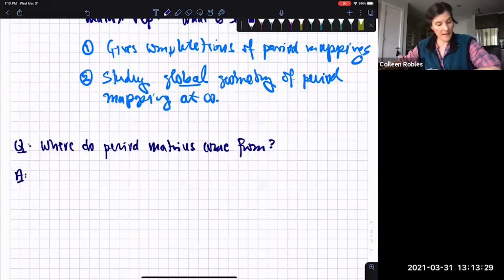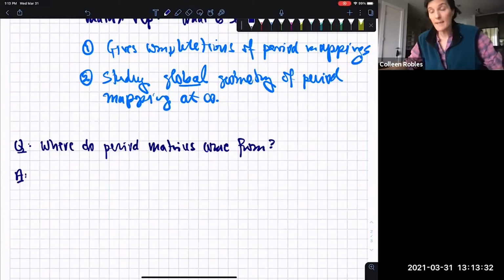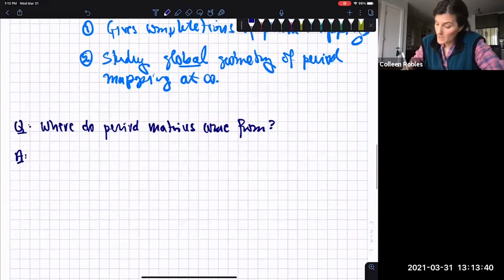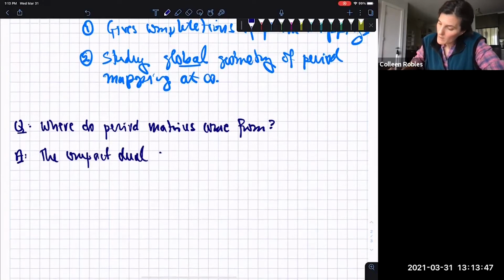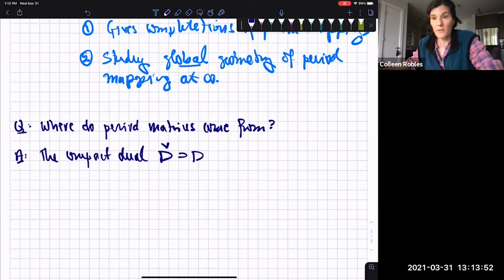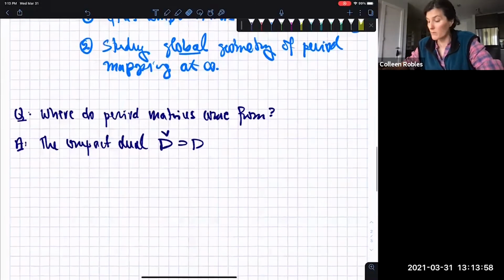And the answer is basically that they come from Zariski open coordinate neighborhoods on the compact dual, which are Schubert cells. So in particular, the compact dual, which remember is the set of filtrations that satisfy the first Hodge-Riemann bilinear relation, but not necessarily the second. So they're isotropic with respect to the polarization.